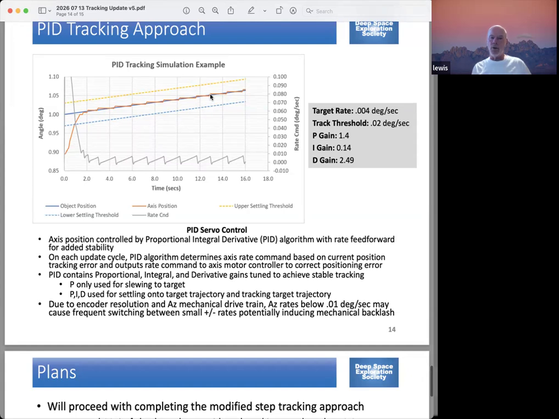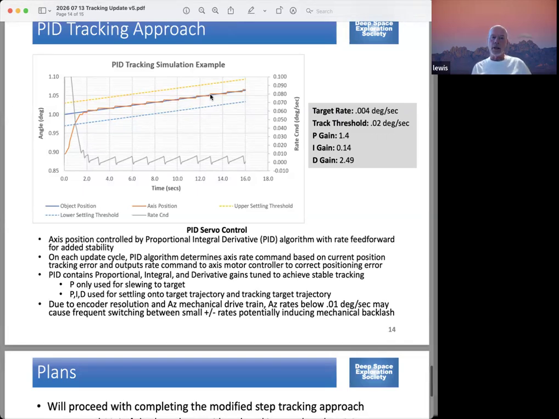And so if you're behind the object, or in front of it even, that accumulated error starts adding up and it causes a larger adjustment to the commanded rate. And then the D is the derivative, and it really looks at how much the error changed from the last time versus this current time, and this really acts as a dampener on the tracking so that it keeps the controller from making wide changes.